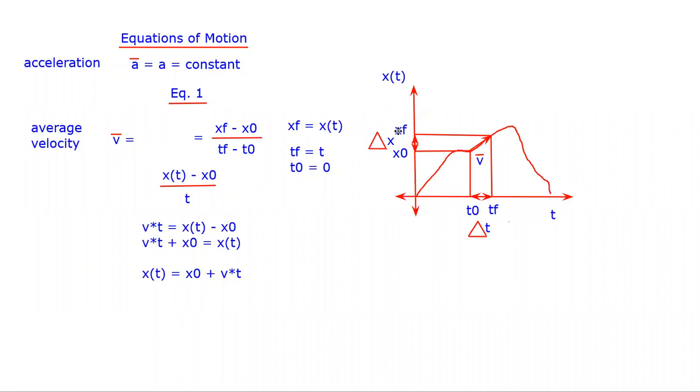So if we make our final position just a variable, so it varies along this line, as you can see, then x is just going to be x. The final position is going to be a variable of time, the position as a function of time. So as you can see here, the position changes as we go in time, and so that'll be the function.